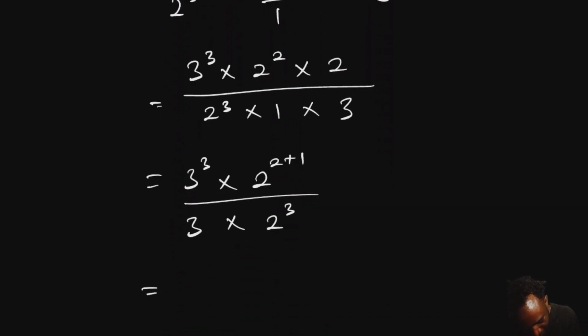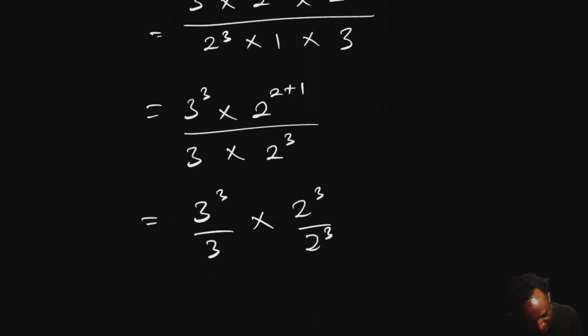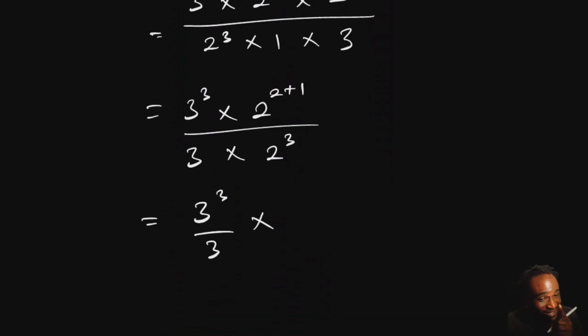In this case, we can further go on to say we can group them now, because we can see we have groupings here. It's a long process, but just for the explanation's sake. 3 raised to the power 3 over 3, times 2 raised to the power 3 over 2 raised to the power 3. So this cancels itself, or we can also do it in a really interesting way and utilize the power of 0 rule.